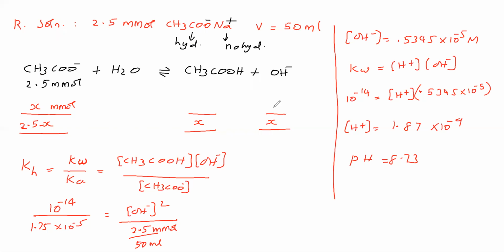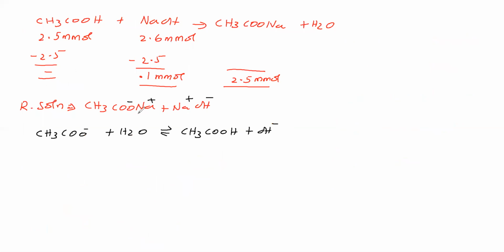But in this case, sodium acetate as well as sodium hydroxide is there. The sodium hydroxide is giving the common ion OH minus. Because of the common ion effect, backward is favored, meaning the position of equilibrium is towards the left.